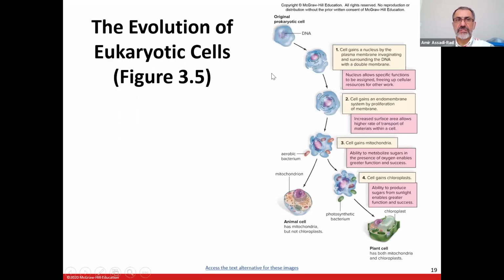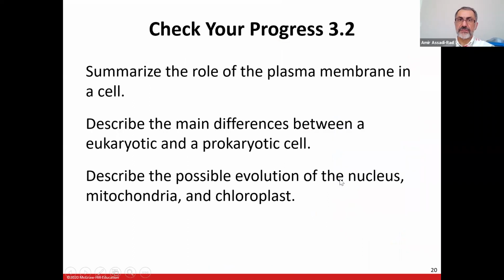Here is the endosymbiosis evolution. The very first cells possibly had a nucleus, but they did not have a chloroplast or mitochondria. And then they ingested a bacteria, and these bacteria became mitochondria, and also they ingested the bacteria that did photosynthesis, and then they became chloroplast in the case of plants.